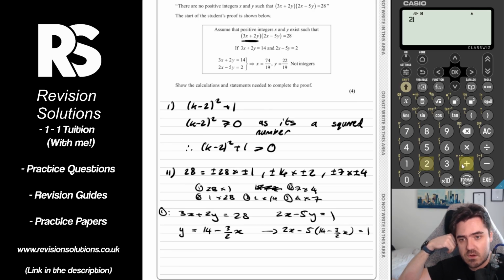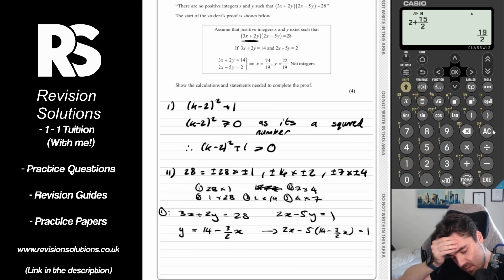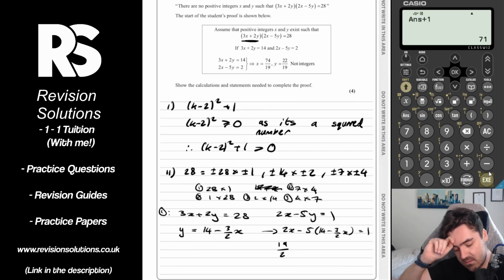What's 2 plus 15 over 2? That's 19 over 2. So that'll be 19 over 2 x. Then we've got minus 5 times 14, but that's going to be added to the other side, so plus 1. So 5 times 14, and then plus the 1, 71.